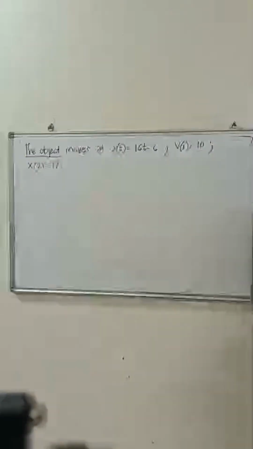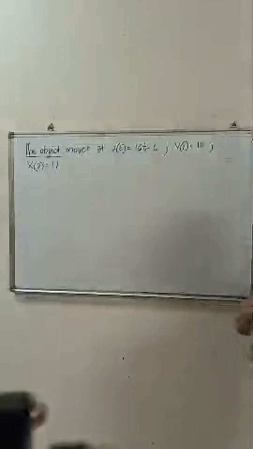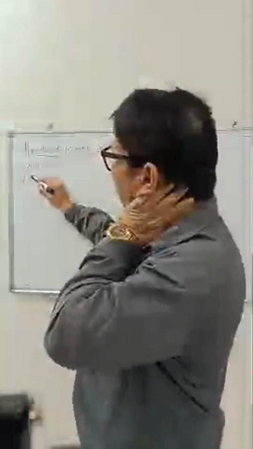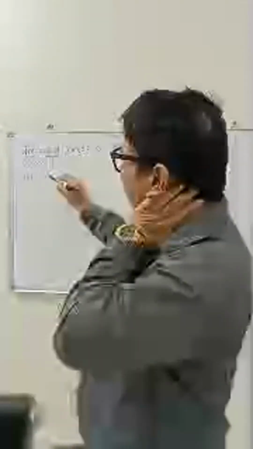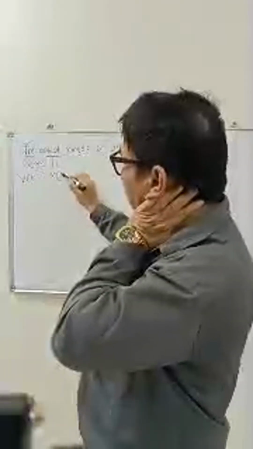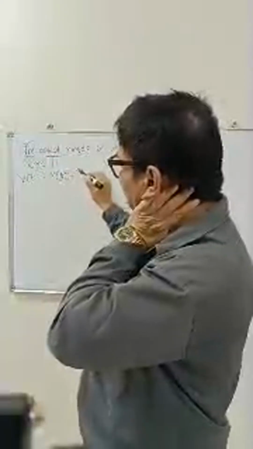Okay, so here the object moves at 80. Now calculate things like this. Calculate the rate of change of the velocity, the rate of change of the displacement x(t) for this. So how can we do this?